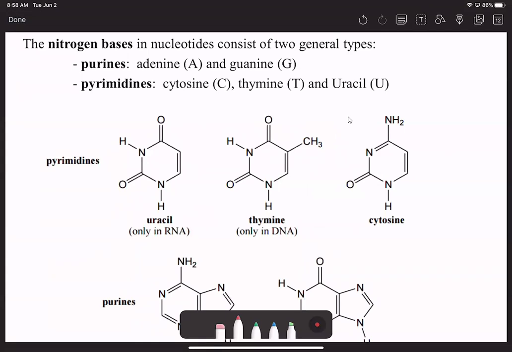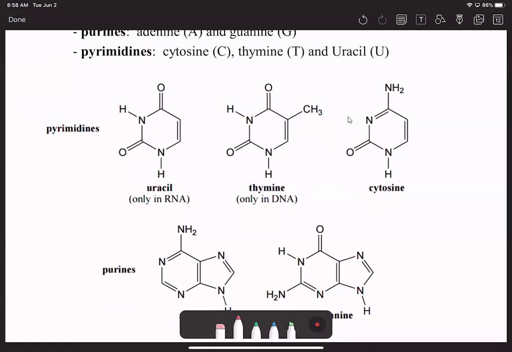Other than just the two types, pyrimidines and purines, we have individual ones, and these 5 individual bases are what make up all of our nucleotides, all of our nucleic acids. As far as DNA is concerned, we're only going to find these structures that I'm marking in red in DNA.